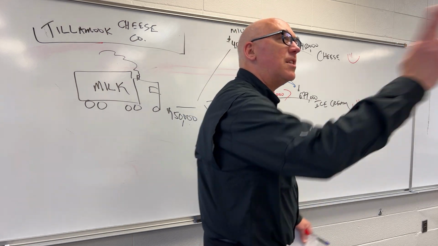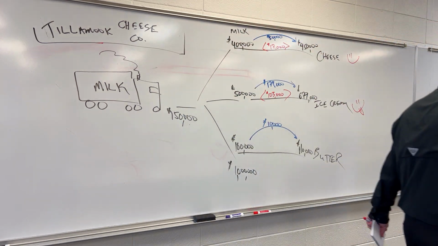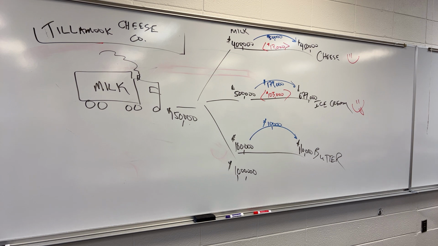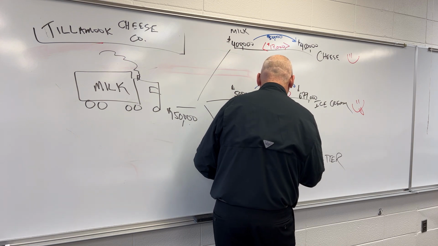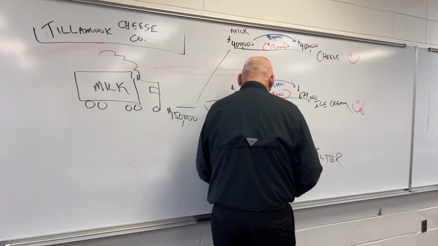That 10,000 is not what it costs us to make butter from milk. That 10,000 is how much more revenue we receive from selling butter than we would receive from selling milk. And then how much does it cost us to make butter, Blake? 14 grand. 14 grand? Thank you. $14,000.